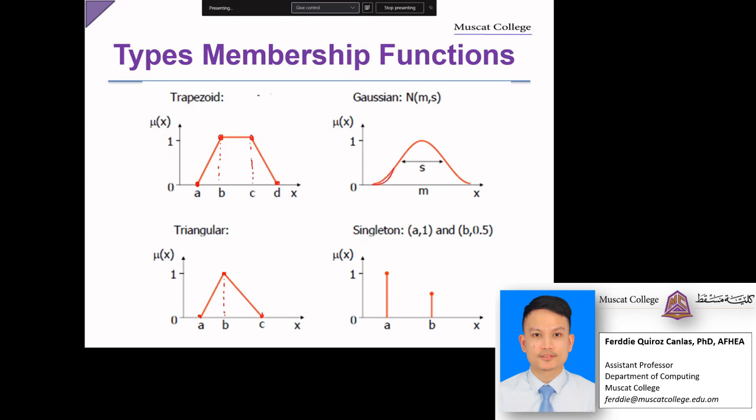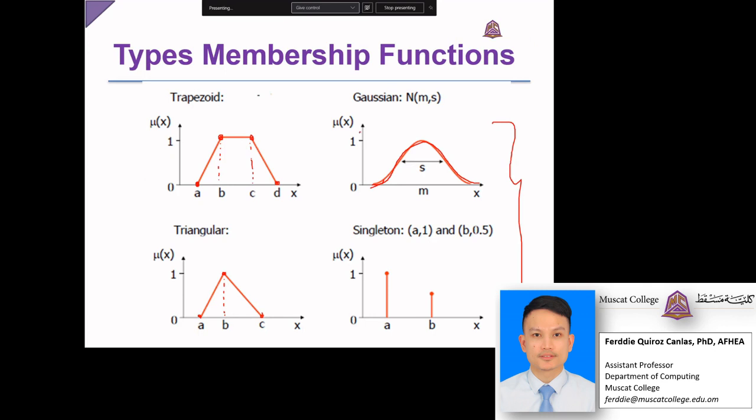In the Gaussian, it's represented by a curve, a parabola, and then we have S from this side up to this side, and from here up to here we call it M. And for singleton, we have A and we have B. But this won't be covered in this discussion, we will only focus on trapezoids and the triangular.